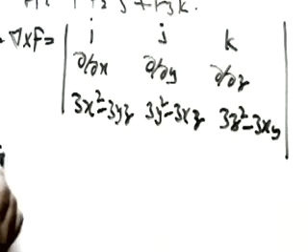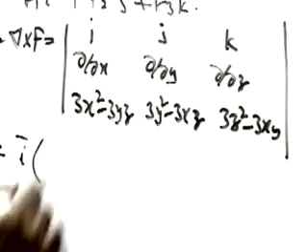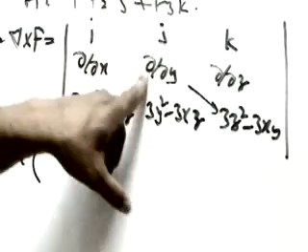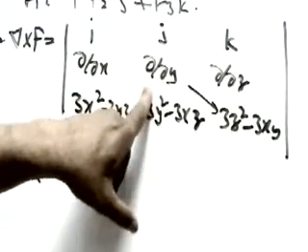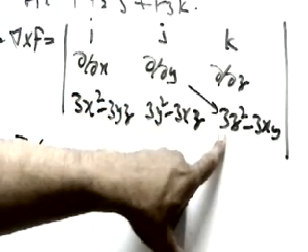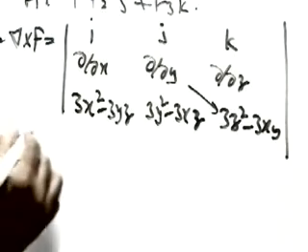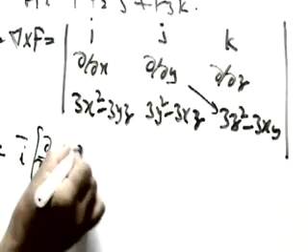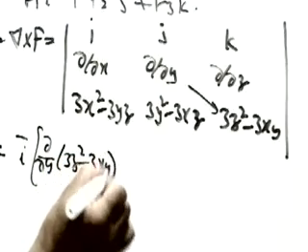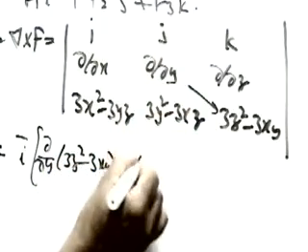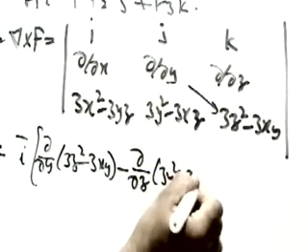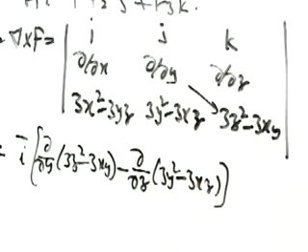Let me start with i into, we have to multiply these two. Dou by dou y of 3z square minus 3xy minus dou by dou z of 3y square minus 3xz. This is the first step.